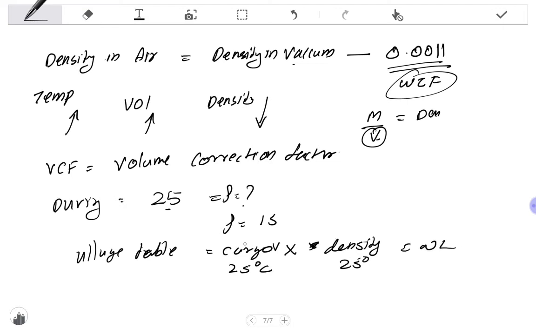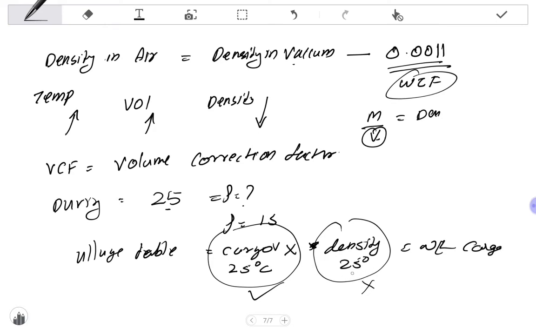Unfortunately, you only have cargo volume at 25 degrees Celsius. You don't have density at 25 degrees Celsius. So, to find out the weight of cargo, either you have to find out the 25 degree density, or you have to bring the volume of the cargo from 25 degrees Celsius to 15 degrees Celsius.